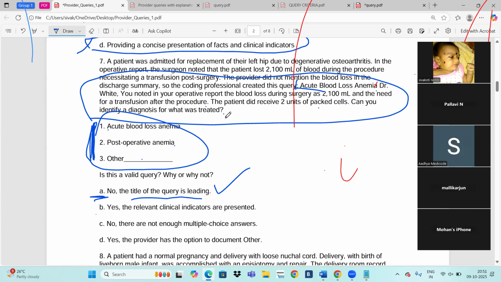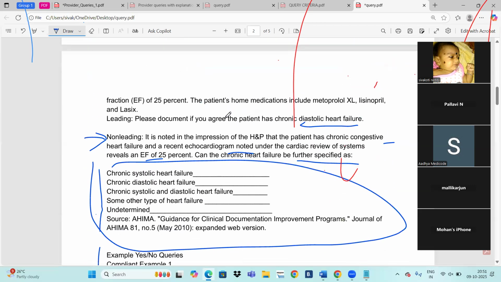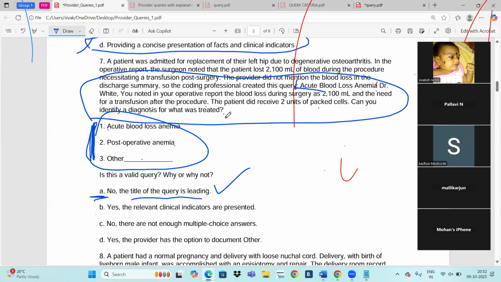Multiple options they gave, no? One minute. Same multiple choice. How do we need to lead the leading version? Like this: please document if you agree with the condition. So here also they documented the diagnosis, right?